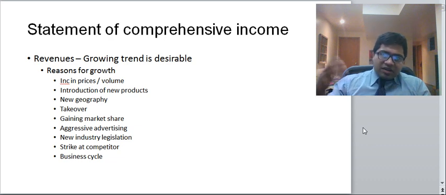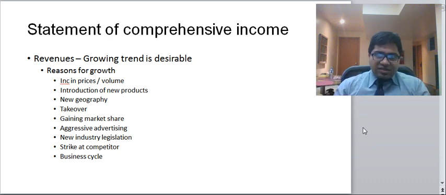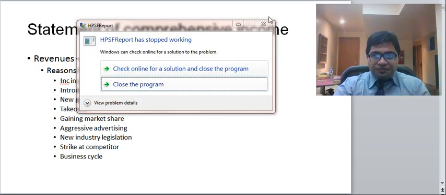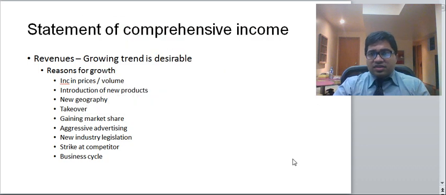If it is a minor fluctuation because of business cycle, still you can consider, but if it is a consistent declining trend in revenues, then the company is not adding any value for shareholders. It is not gaining market share, its products are not selling, all those things. So as a stock investor, it is important that revenues should have a growing trend.